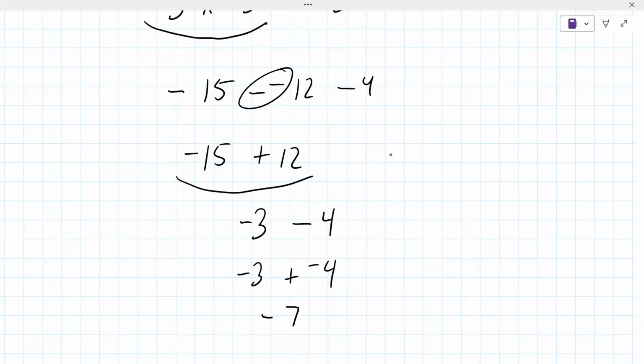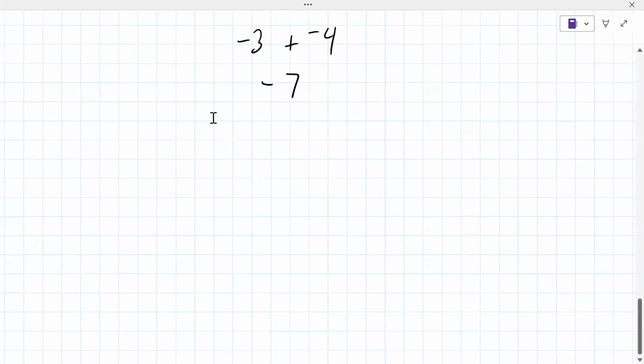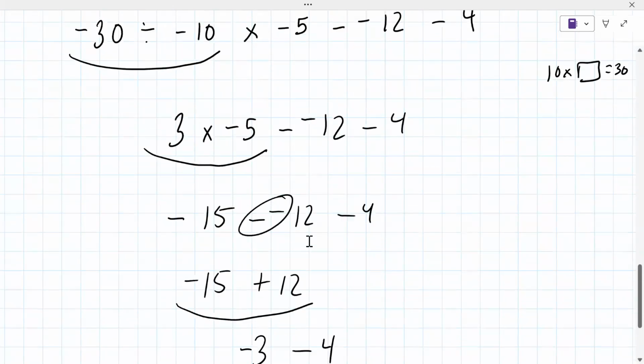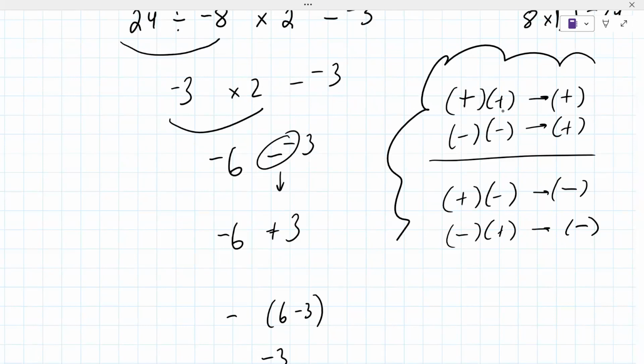Negative. You seem uncertain. I feel like the rules are getting all mixed up. Would you say that's true? I look back at my notes and they're both the same sign, they're both positive. That's if you're multiplying though. This is for multiplication and division.